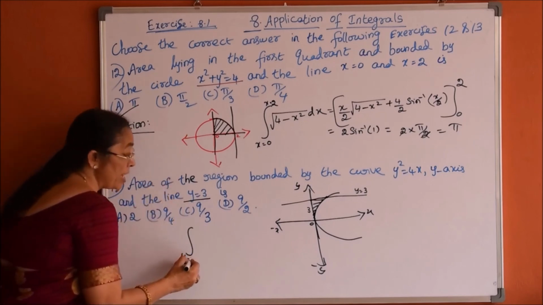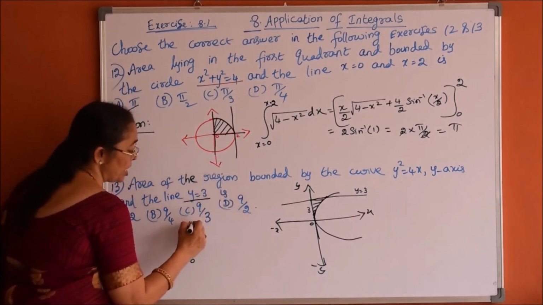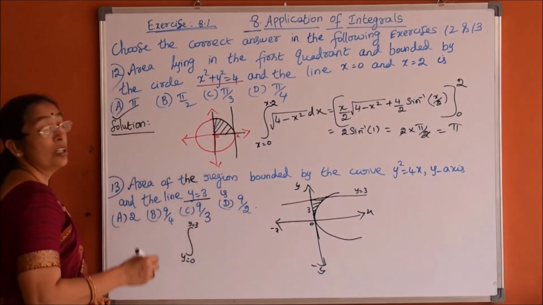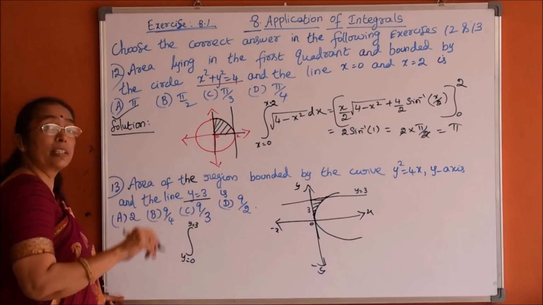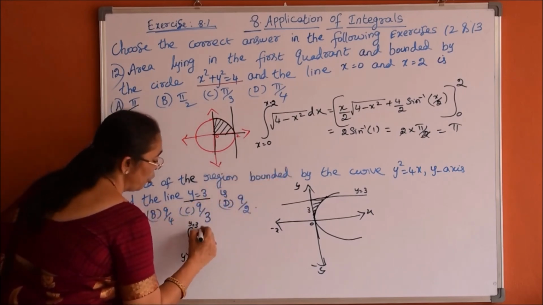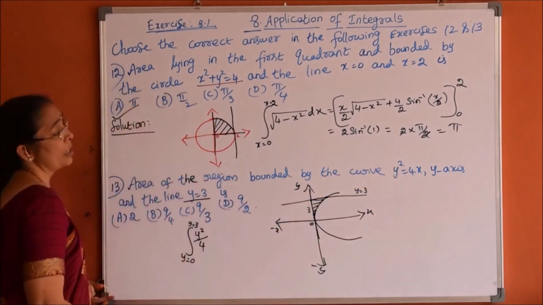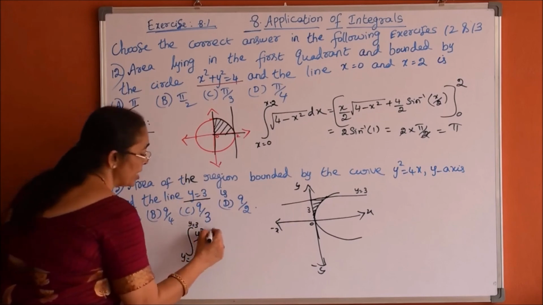So, y is varying from y is equal to 0 to y is equal to 3 of function. Now we should write x is equal to f of y. So, x is equal to y square by 4, x is equal to f of y form. So, x is equal to y square by 4 dy.